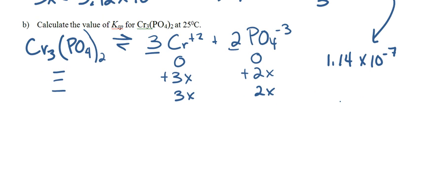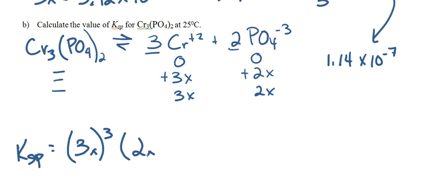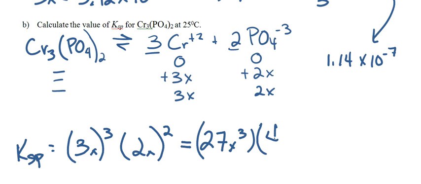So now I can go and plug these into the expression. So our KSP is equal to (3x) cubed times (2x) squared, which is really fun because now we have 27x cubed times 4x squared.